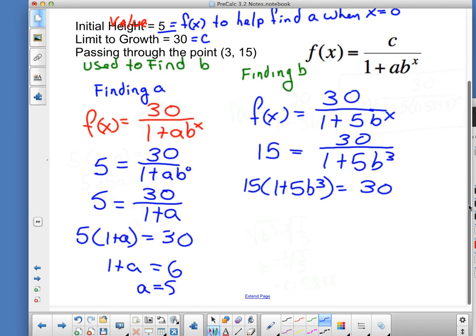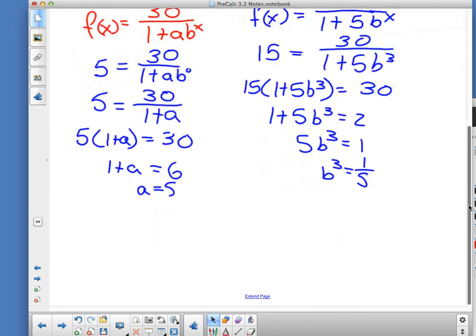I'm just going to divide by 15. 15 goes into 30 evenly, and it gets that out of my way. So now I've got 1 plus 5b cubed equals 2. I'm going to subtract 1, and 5b cubed equals 1. b cubed equals a fifth. And consequently, b is just 1/5 to the 1/3 power.